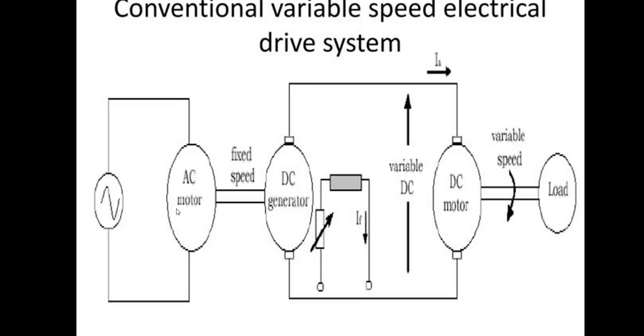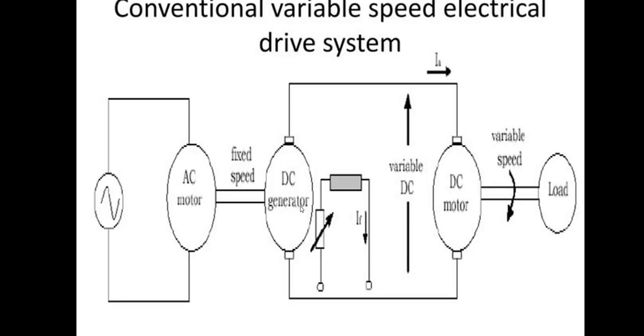It provides a mechanical drive to the generator, acting as a prime mover. Typically an induction motor or a synchronous motor acts as the input drive for the generator, run at a fixed, constant speed from the input supply.